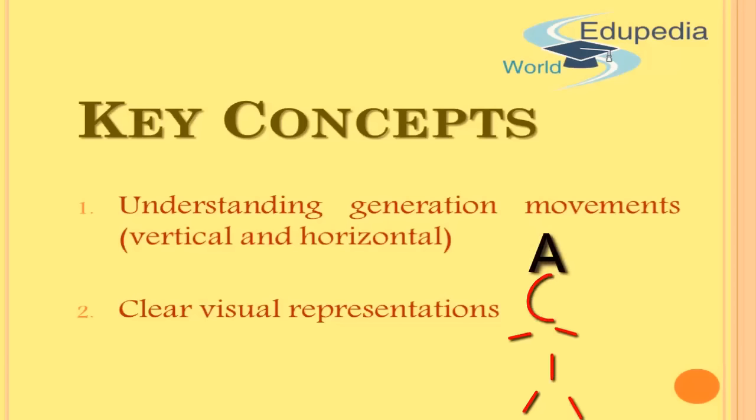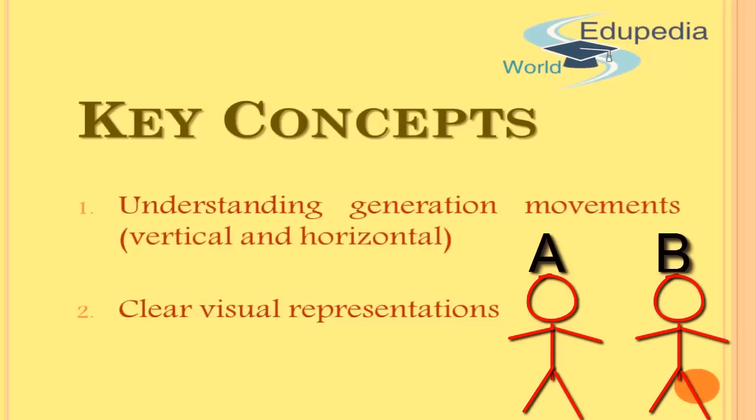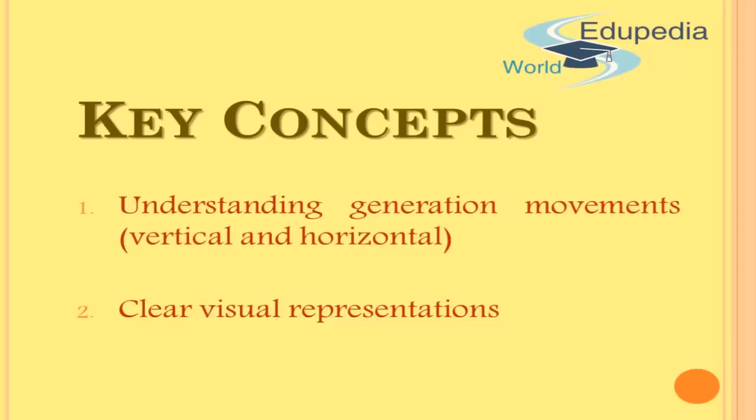For example, if A is the brother of B, that is a horizontal movement in the same generation. So, we will draw a horizontal line joining A and B. Another kind of movement is vertical movement, that is between generations. So if A is the father of B, I will write A, draw a line down vertically and plot B over there. There are only two types of movements.